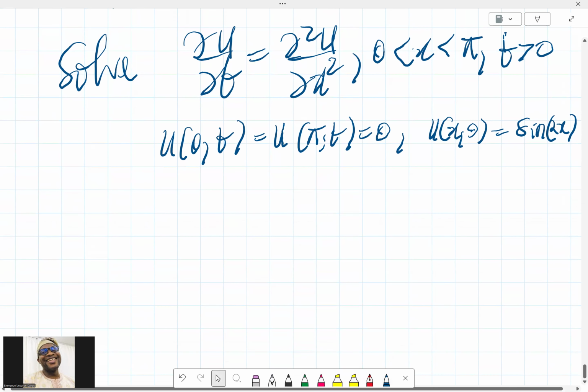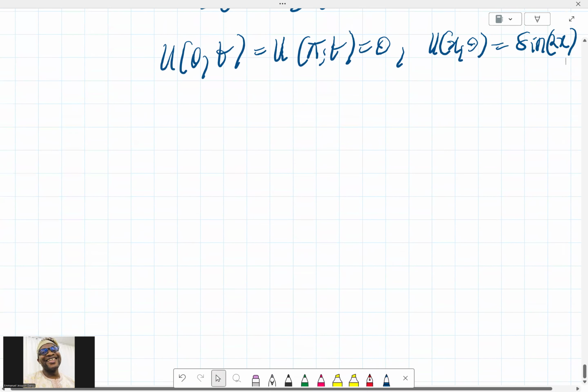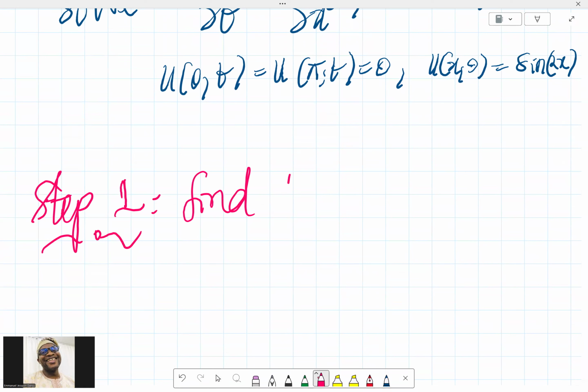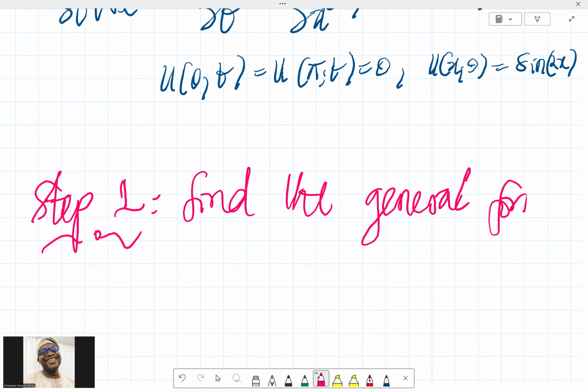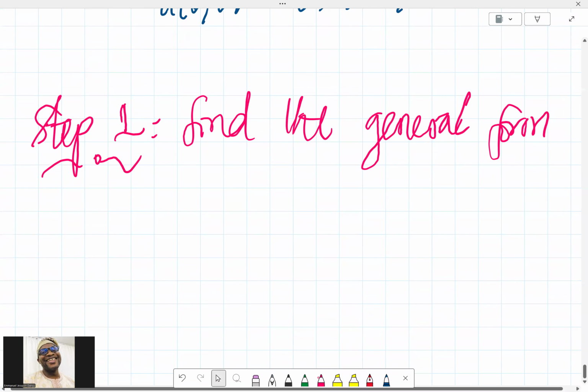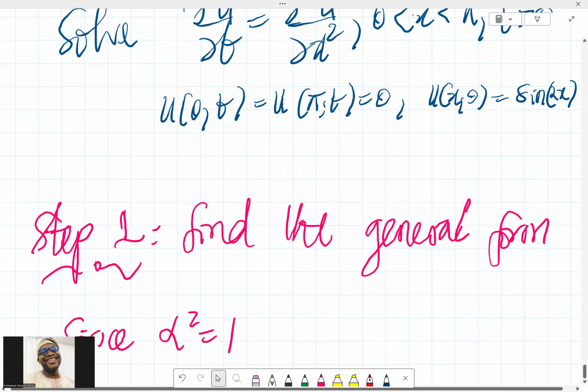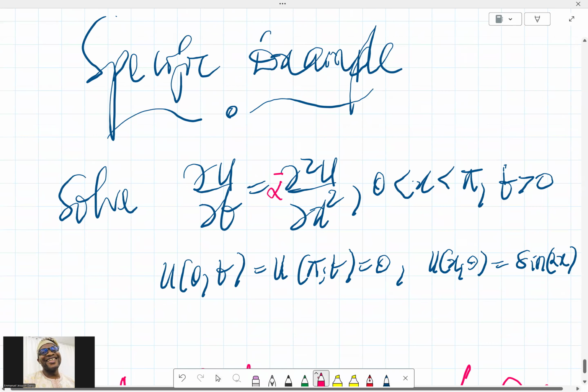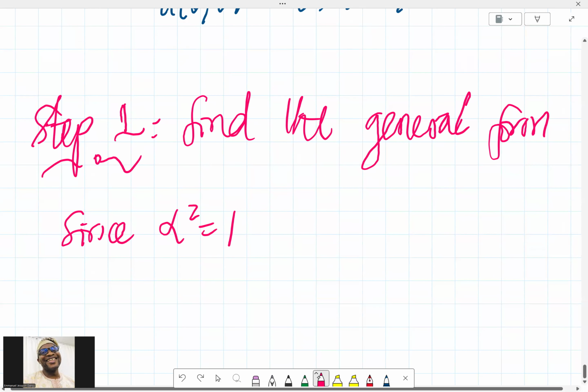So with all the things we have done and with the general form of solution we have got already, we can just proceed with step 1. Step 1, you just find the general form. Since alpha squared is equal to 1, because in the general form we have an alpha squared that should be here, but we don't have that, so alpha squared is simply equal to 1.